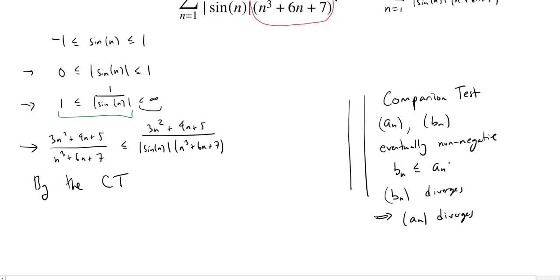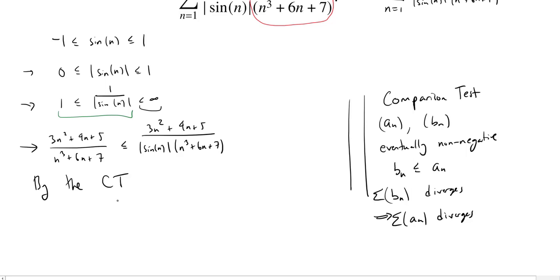So if you are bigger than the divergent replacement sequence, and when I say divergent sequence, I really mean the series here, of course. If we know that the series for b_n diverges, then the series for a_n will diverge because the series for a_n is just bigger than this divergent series.